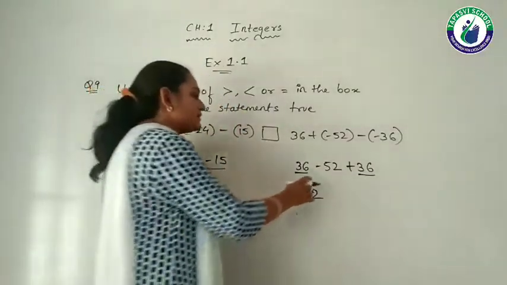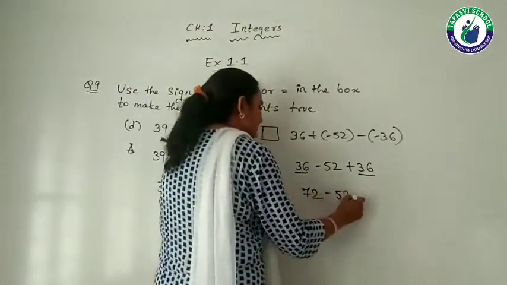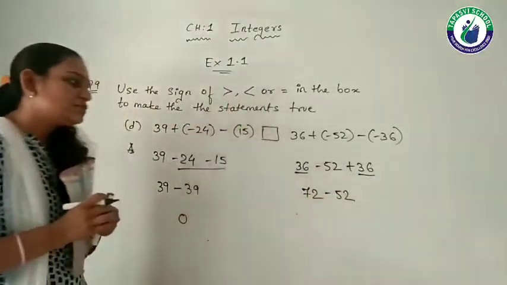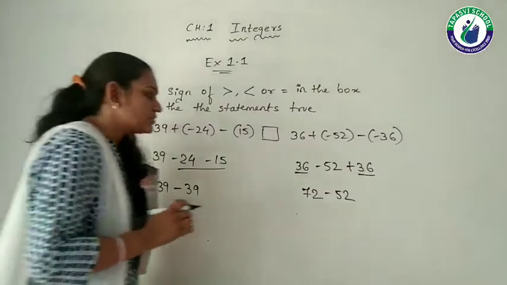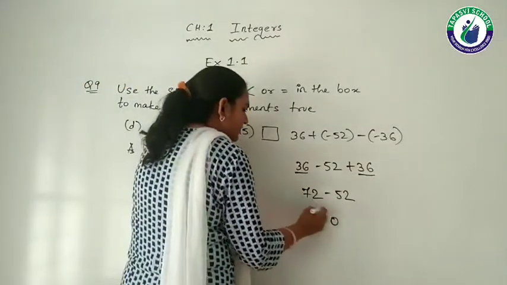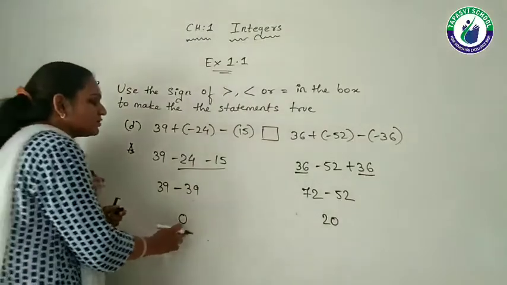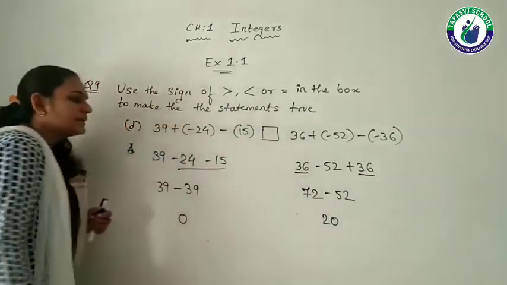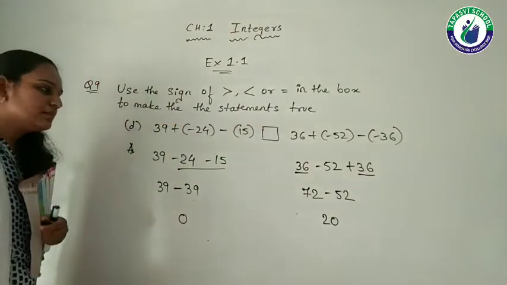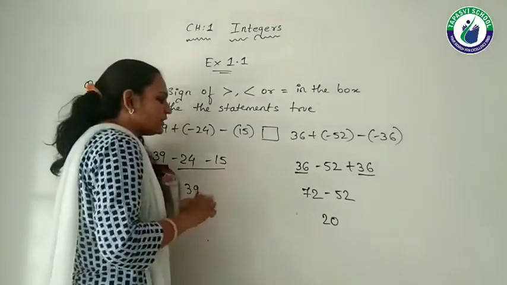Minus 52. Now 72 minus 52, students. 2 minus 2 is 0 and 7 minus 5 is 2. So now just compare 0 and 20, right? So which one is a greater number? Obviously your answer will be 20.